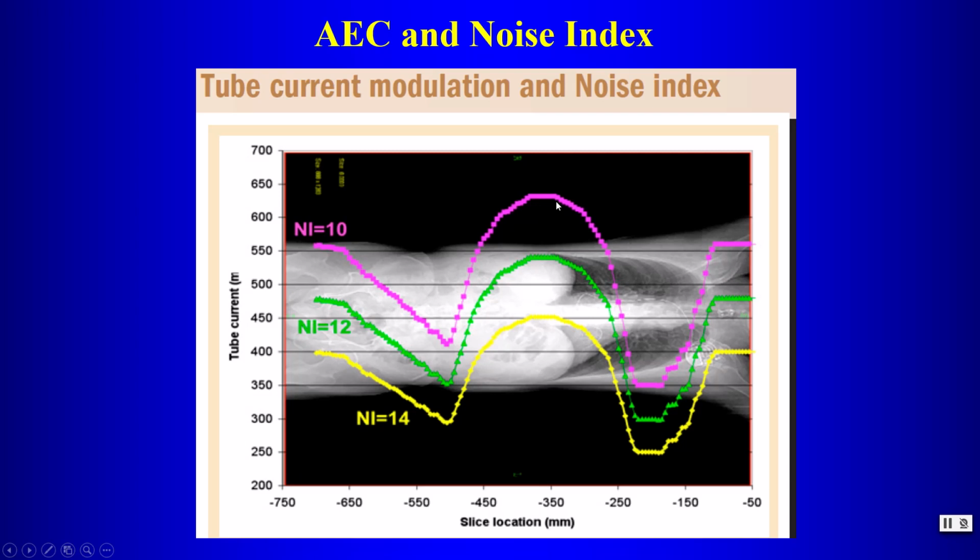Here we get really high values, close to 650, when we're going through the abdomen in this particular patient. So the lower noise index does result in higher mAs and higher dose to the patient.